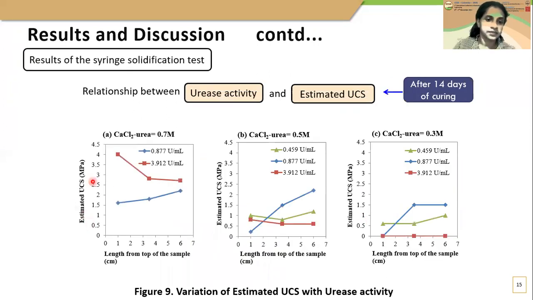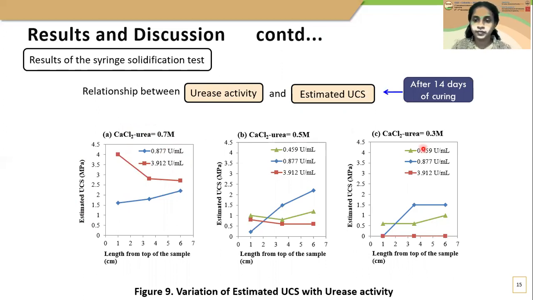This is the variation of the estimated UCS with the urease activity. Here, for the 0.7 molar calcium chloride urea concentration, the estimated UCS is increasing with the increase of urease activity.